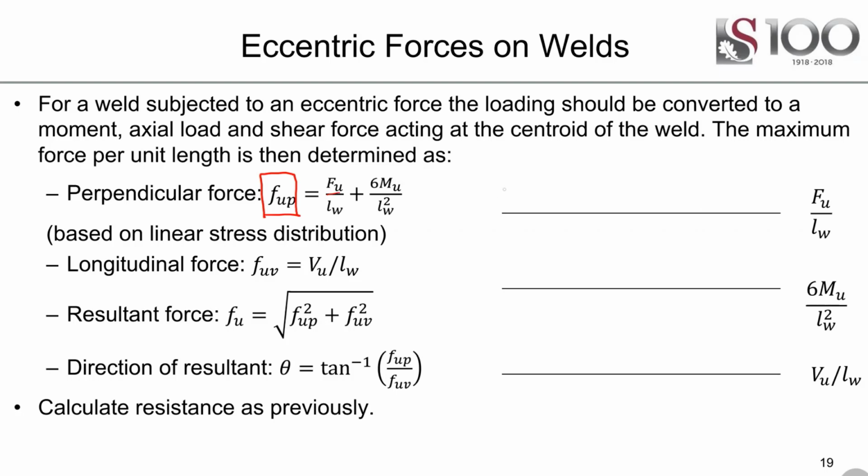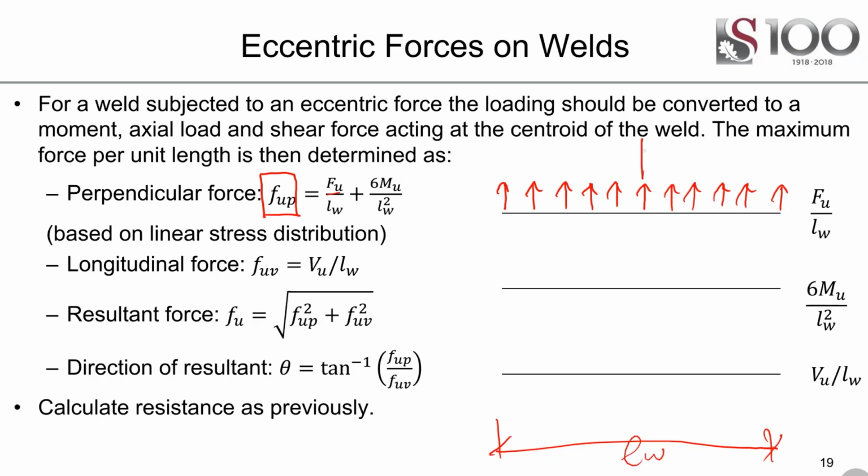So what this would look like is you have a force and you distribute it over the length of the weld. So if this is a weld of LW, it has an upward force here of FU. This would be just distributed as FU divided by LW. That would give you an average stress along it.